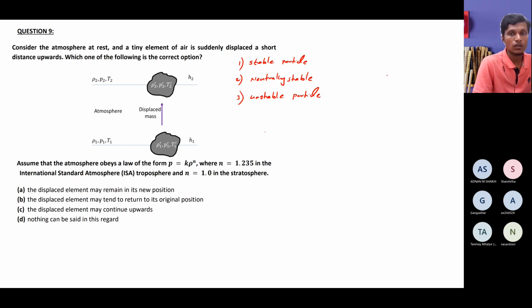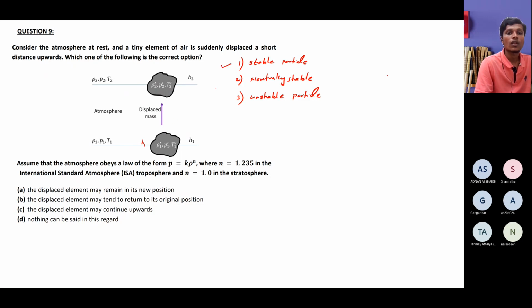These three have the same definitions as the options given here. One is the stable particle. If you have an element at the point h1, it will displace to the point h2 and come back to the point h1. If it comes back to h1, then we call it a stable particle.